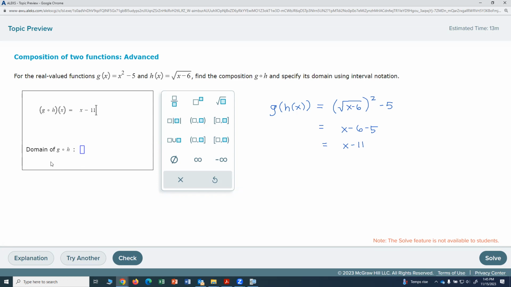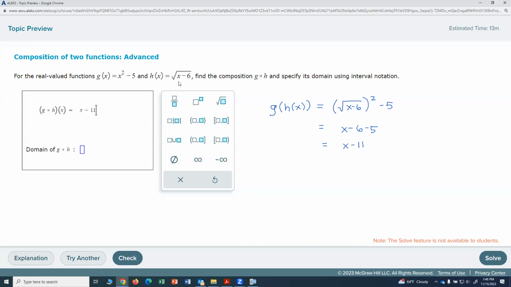Now the domain is a little more complicated. If I just look at g of h, that's a linear function, and so the domain would be all real numbers. But what we have to remember is that our original h of x had a restricted domain. Since I'm plugging h of x into g of x, I will be restricted by what the domain of h was.